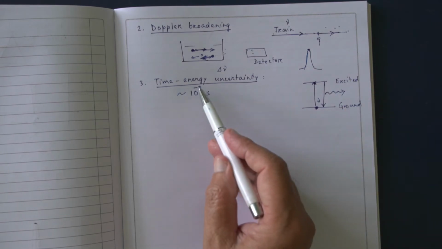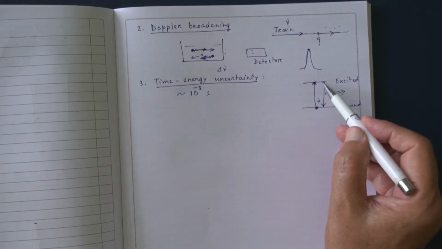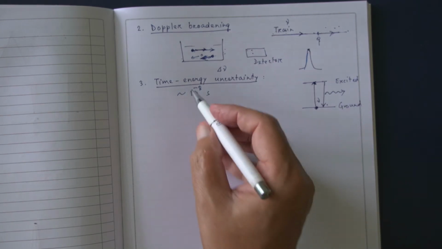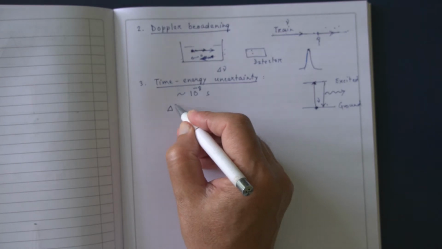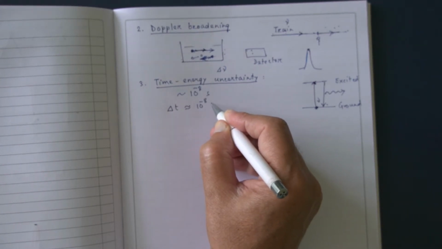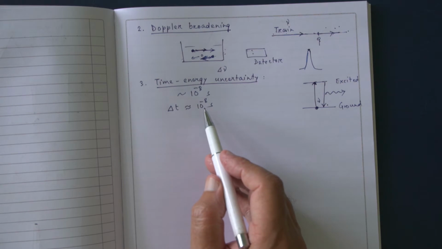So within this time, the molecule or the electron will come back to the ground state. That means there is some uncertainty in time, equal to 10 to the minus 8 seconds.